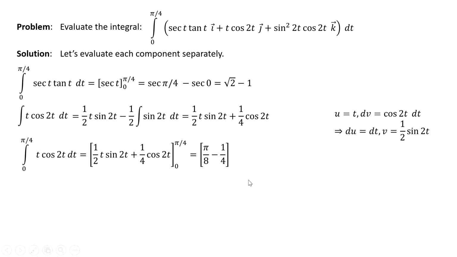Okay, how about sine squared 2t cosine 2t? U substitution. u equals sine 2t, then du equals 2 cosine 2t dt, so we have 1/2 u squared du. I didn't even bother to show you all of that.